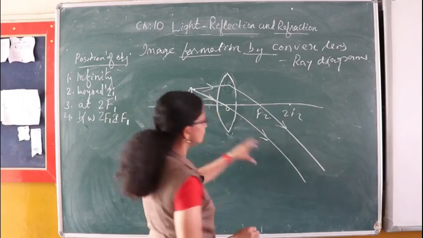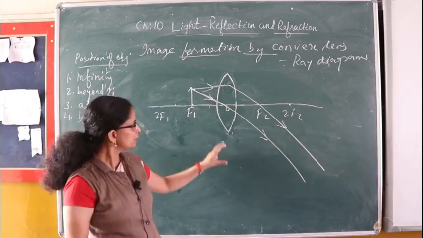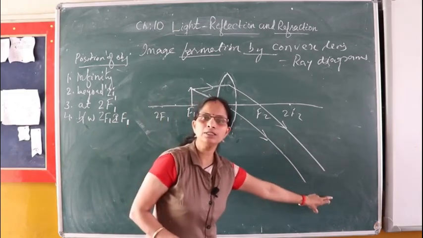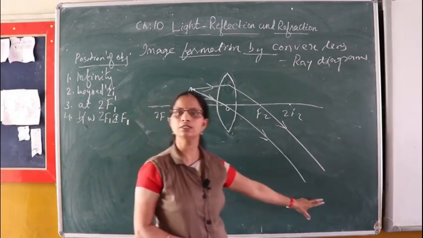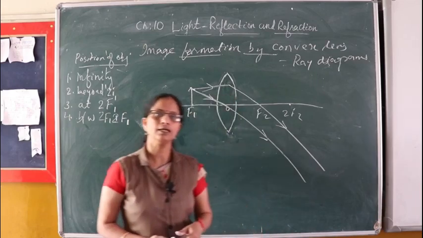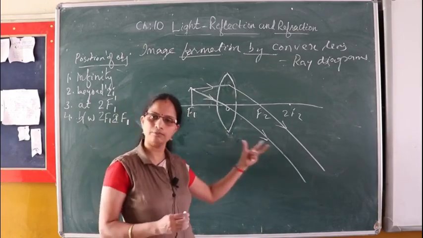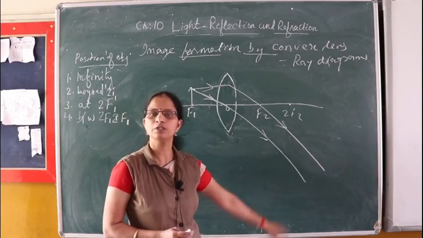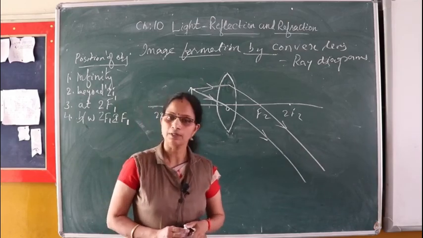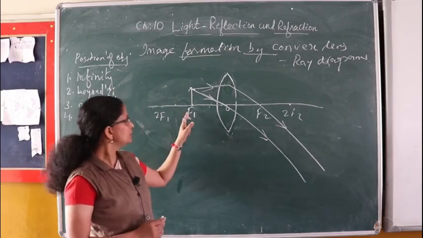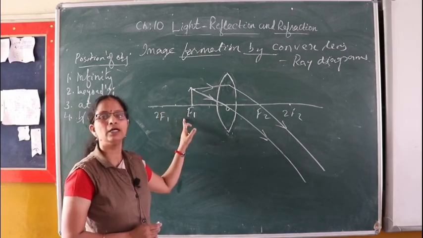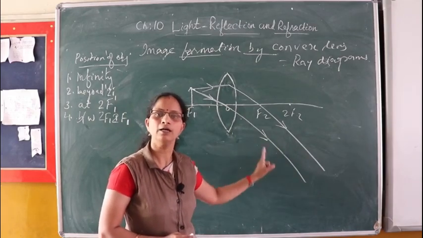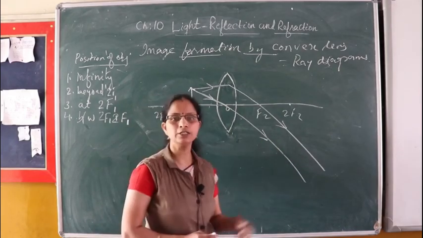These two rays meet at infinity. When they meet at infinity, the image formed is an enlarged image, and since they meet each other, it forms a real image. So when the object is at F, the image formed at infinity is an enlarged, real and inverted image.